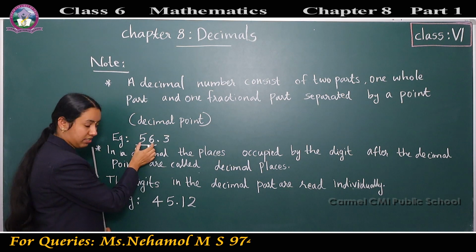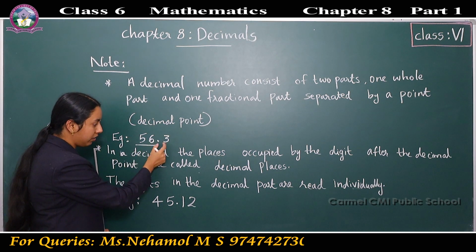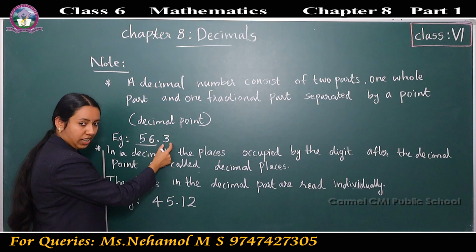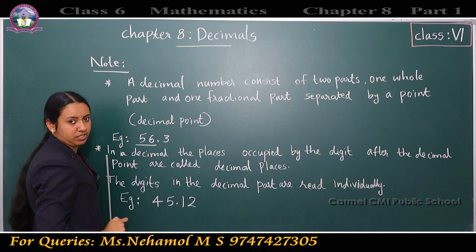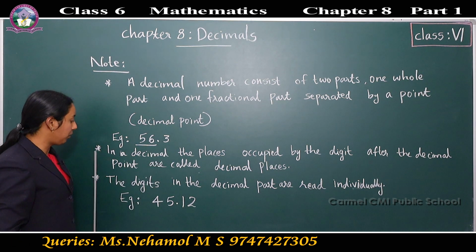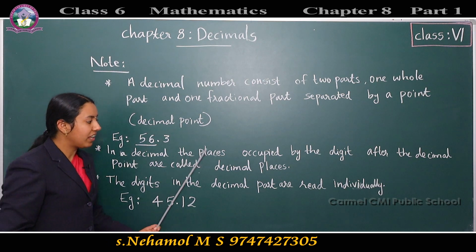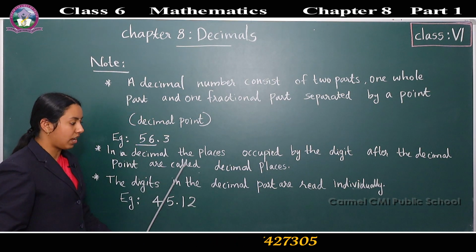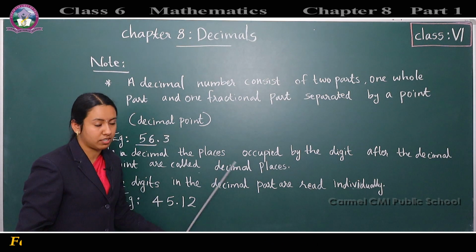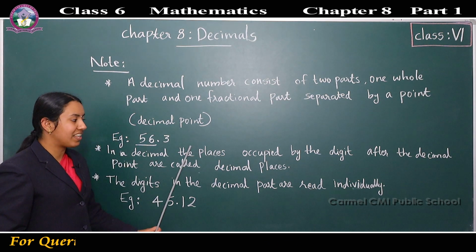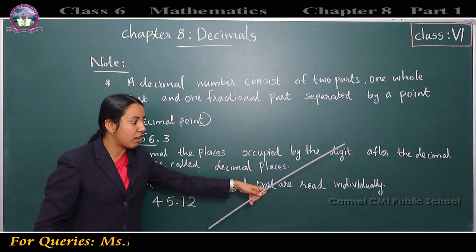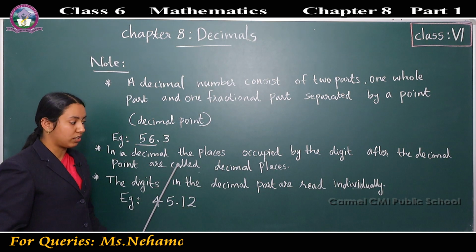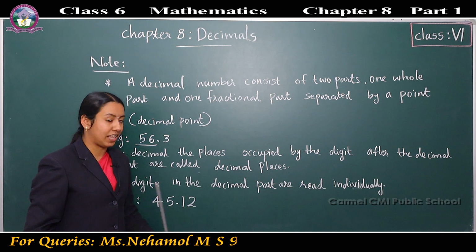This 56 is the whole part, and after the decimal point, that is the fractional part. Then the next point: in a decimal, the places occupied by the digits after the decimal point are known as decimal places.